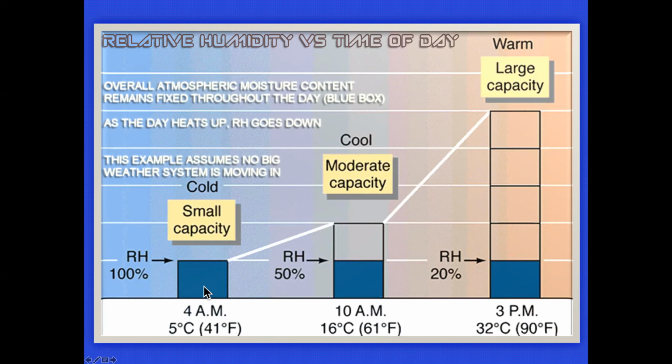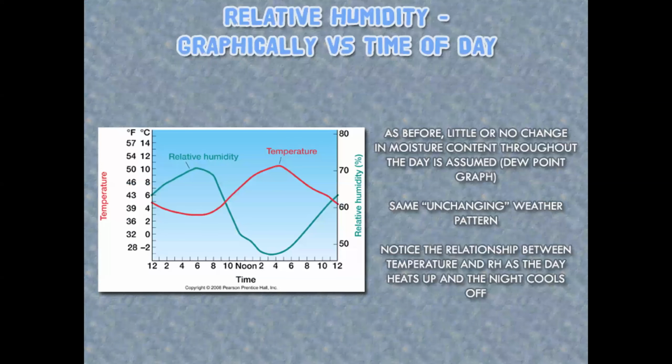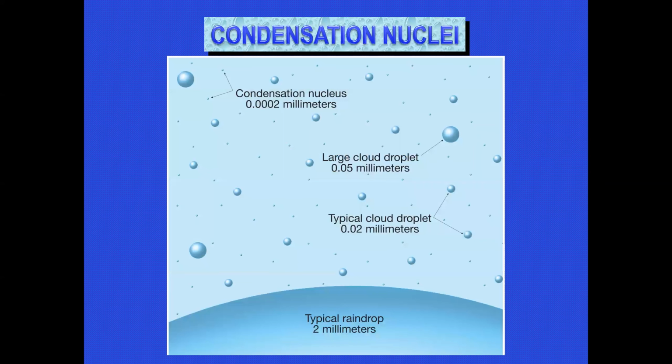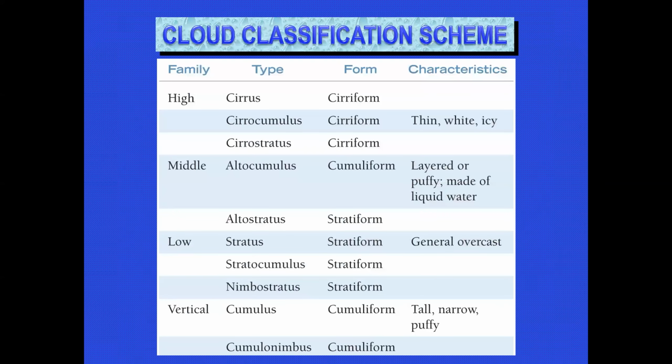When are you likely to experience dew? That would be here with a relative humidity of 100%. There we go. Clouds. Talk about the idea of condensation nuclei. These are the types of clouds. Not spending a lot of time on this. Just need to know that there are high, middle, low, and clouds of vertical development.